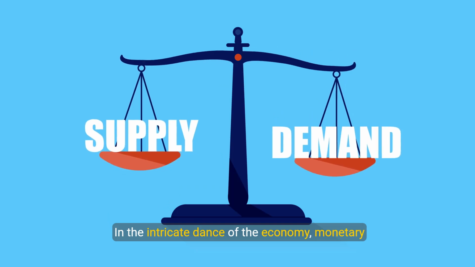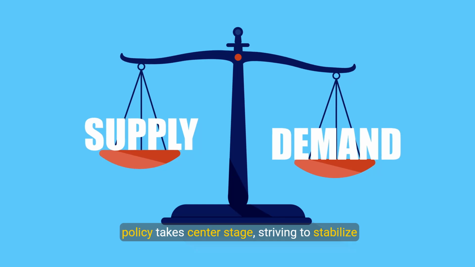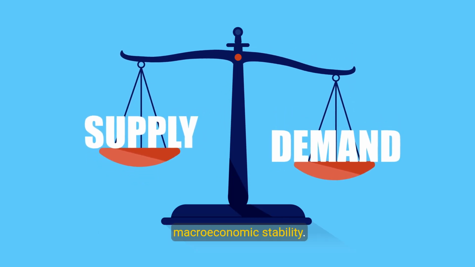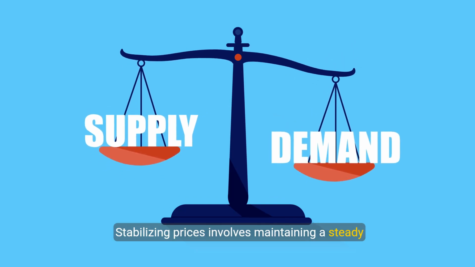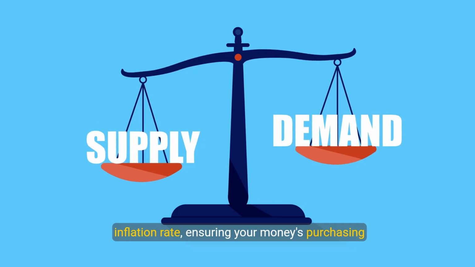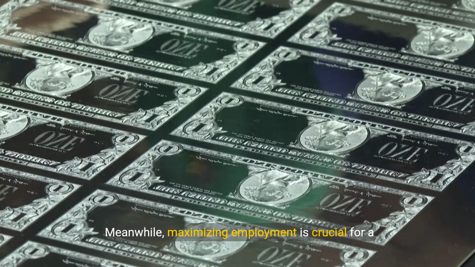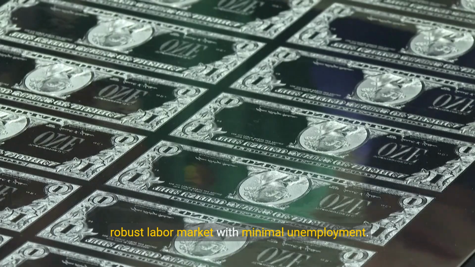In the intricate dance of the economy, monetary policy takes center stage, striving to stabilize prices and maximize employment, which are vital for macroeconomic stability. Stabilizing prices involves maintaining a steady inflation rate, ensuring your money's purchasing power remains consistent. Meanwhile, maximizing employment is crucial for a robust labor market with minimal unemployment.